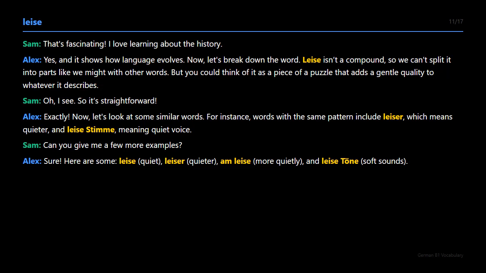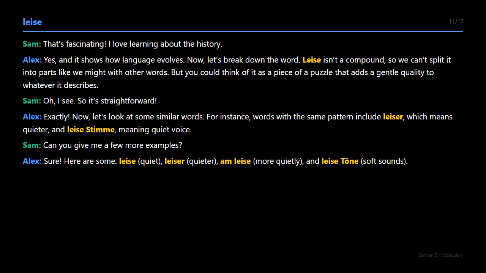Exactly. Now, let's look at some similar words. For instance, words with the same pattern include, leiser, which means quieter, and, leise Stimme, meaning quiet voice. Can you give me a few more examples? Sure.